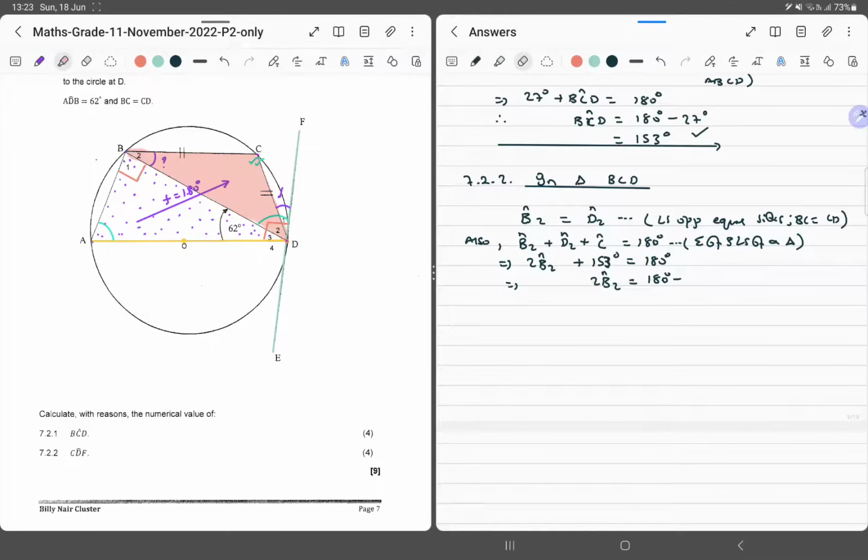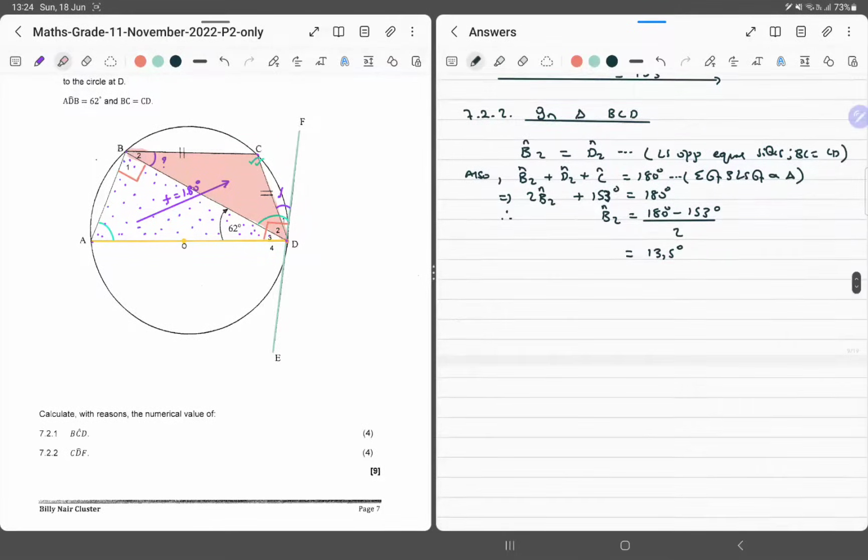maybe let's not prolong this business, it's getting boring, don't have space and time. Therefore, angle B2 is going to be 180 minus 153 degrees divided by 2. So we can say now 180 minus 153 divided by 2 is giving us 13.5 degrees.